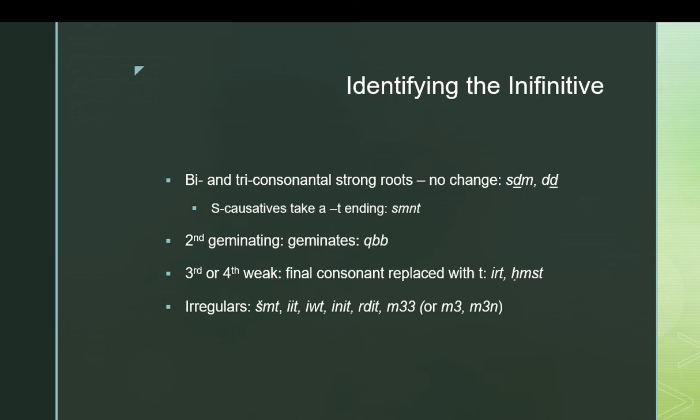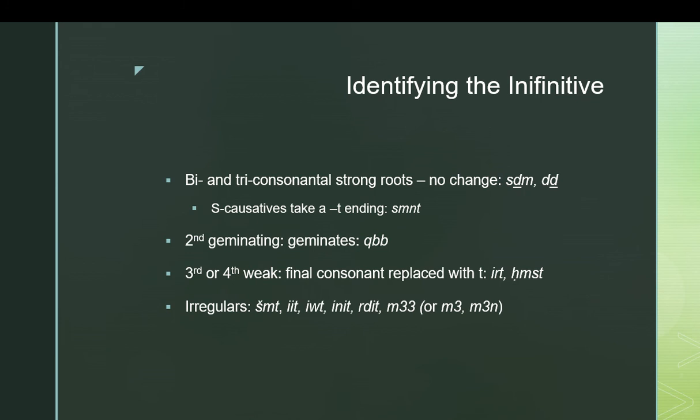S causatives, which we'll get into later. They're biconsonantal verbs preceded with an S. They generally have meanings like to cause, to be, or whatever. There's a little more subtlety to them, but suffice it to say for now that they tend to take T endings in the infinitive as well. So semenet rather than semen for the verb meaning to cause to be firm, or to make firm.